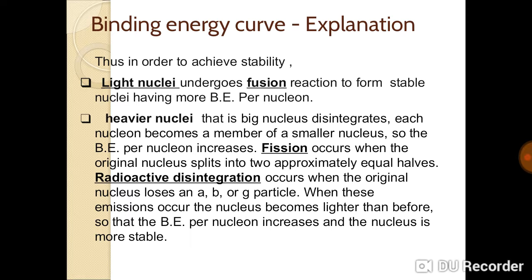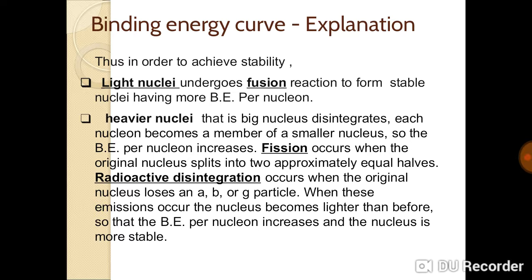Thus, in order to achieve stability, light nuclei undergo fusion reaction to form a stable nucleus having more binding energy per nucleon, while the heavier nuclei, that is big nucleus, disintegrate. Each nucleon becomes a member of small nucleus, so that binding energy per nucleon increases. Fission occurs when the original nucleus splits into two approximately equal wholes.